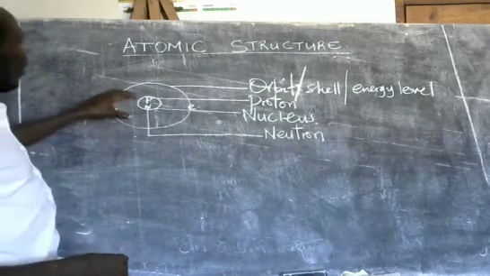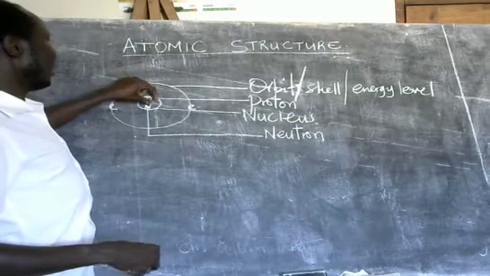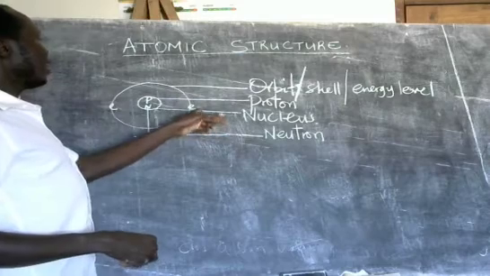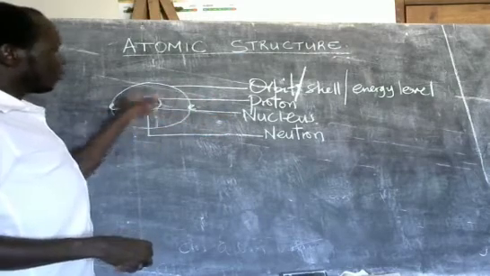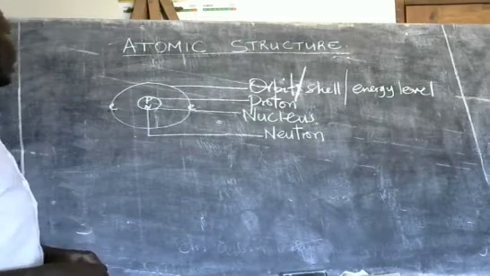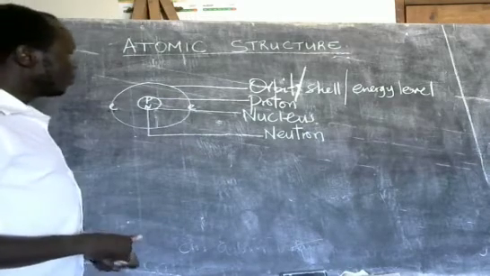Therefore, there will be great attraction between the nucleus, which contains the positively charged proton, and the outer shells, which contain the electron, due to those negative and positive charges.